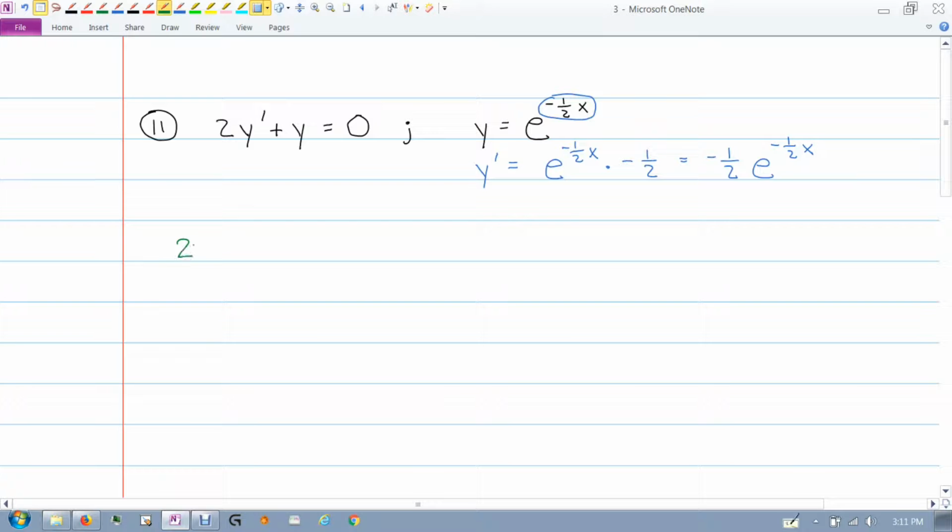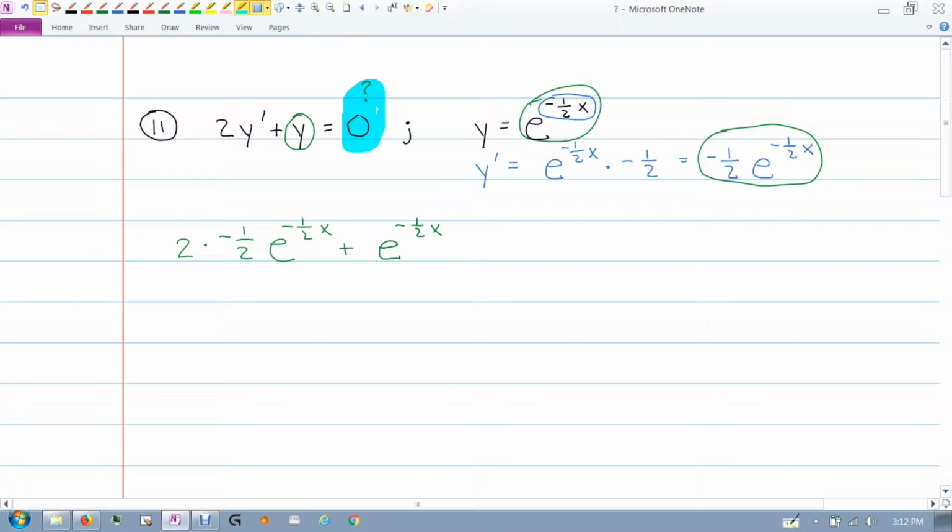So we have 2, and then y prime, which was this right here, so I'm just going to put that here, times negative 1/2 e to the negative 1/2 x, and then plus y, and remember y was this, so that's e to the negative 1/2 x. And what we want to figure out is whether or not that is equal to 0. Is this equal to 0 or not?